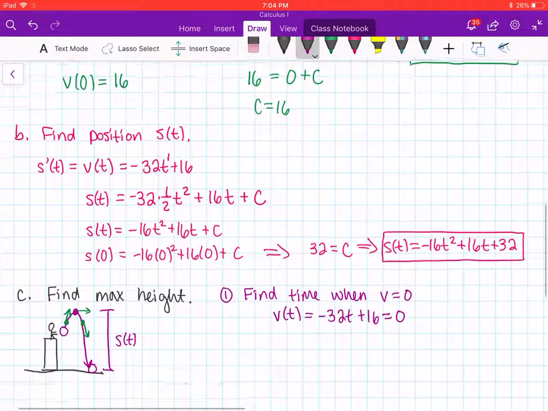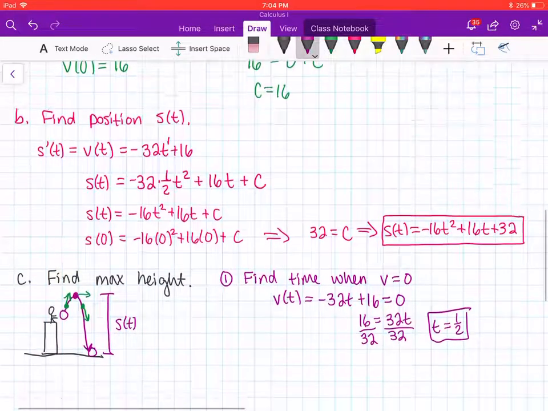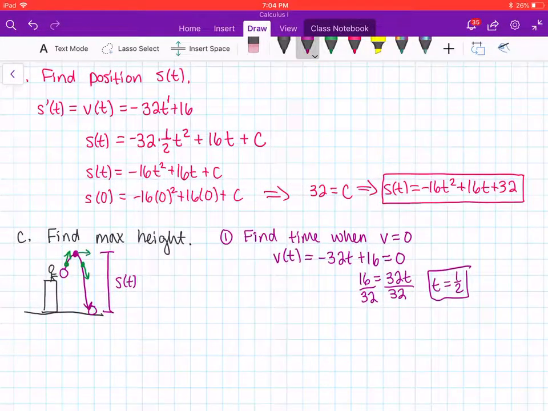Or how about we add 32 on both sides? That's nicer. 32t equals 16, divide by 32, and we get t equals 1/2. There we go. That's the time when it reaches the max height. But then we want to know the max height, so we substitute that into the position function.